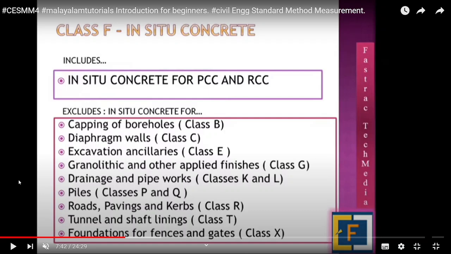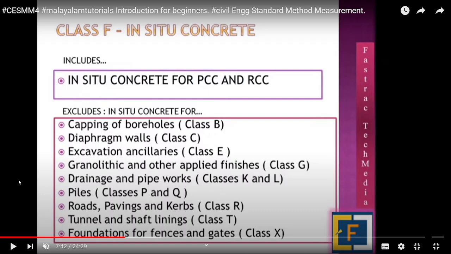Class F is in situ concrete. It is specifically telling that in situ concrete for PCC and RCC is whatever concrete we are doing inside the site, and it is not precast. There is a difference: inside the site, what is included, what is not included.